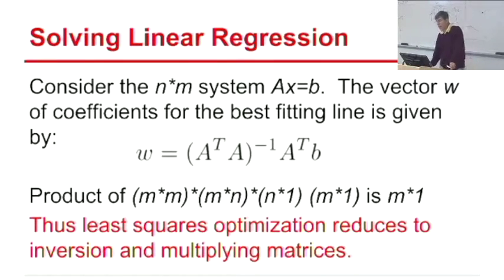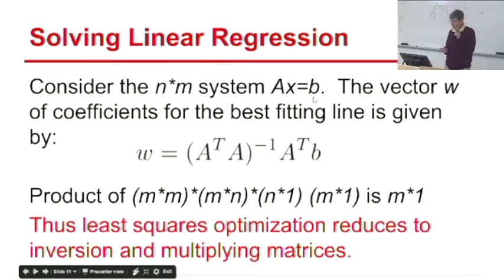We want to find a set of coefficients to multiply these data values to yield our target B.